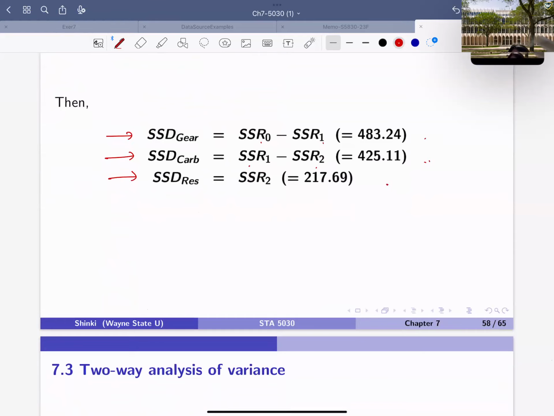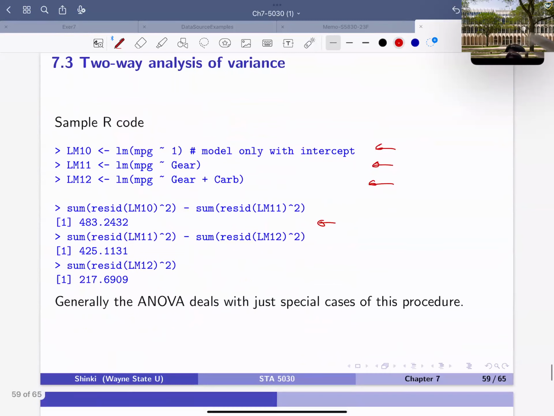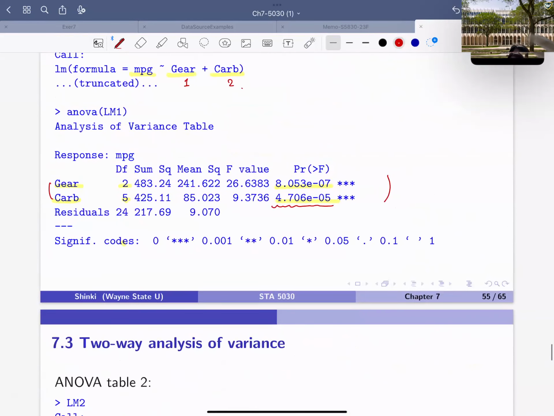These numbers are obtained by this: you can use the linear model, get the error residual part, and take the sum of squares, then we get these numbers. And these numbers are the same as the numbers in the ANOVA table. So actually this table is made in that way.